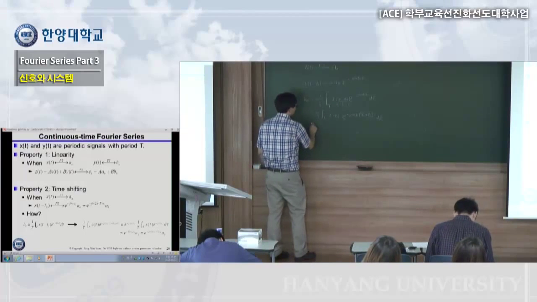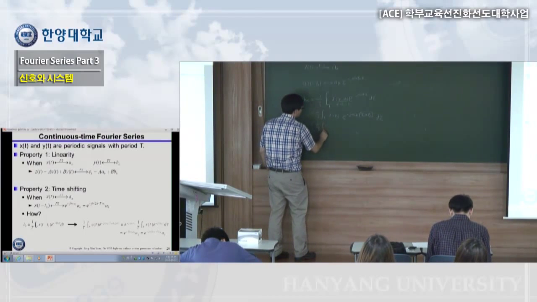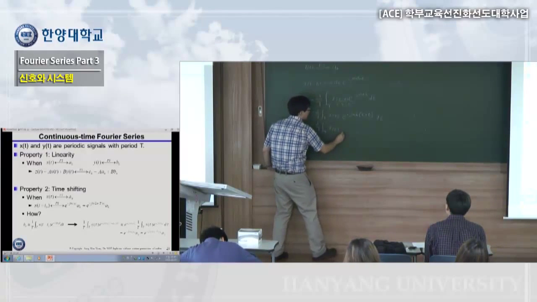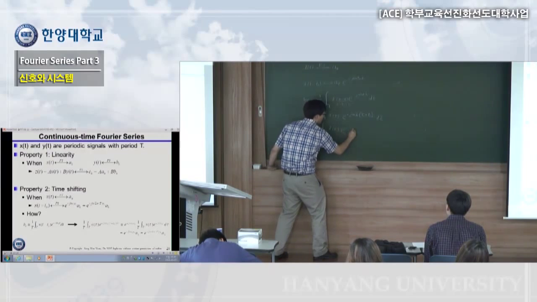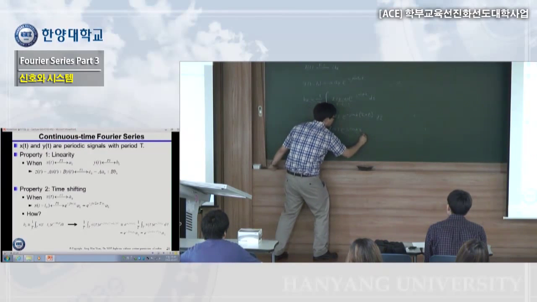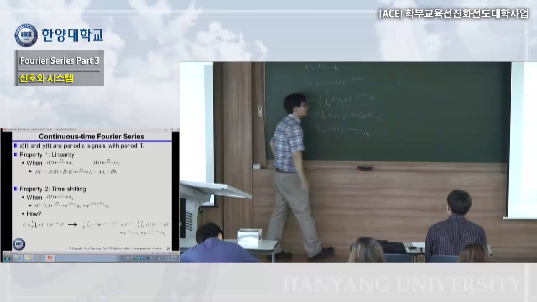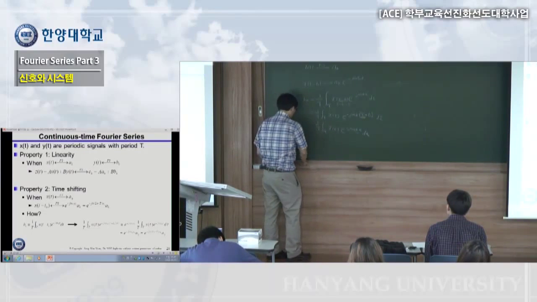And then we have x(tau) exponential minus j omega 0 k tau d tau. This is coming from here. And what about here?